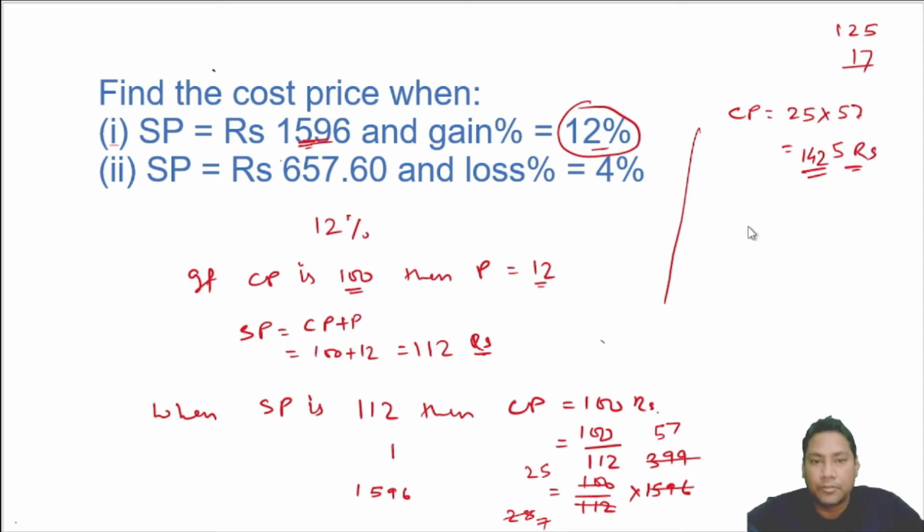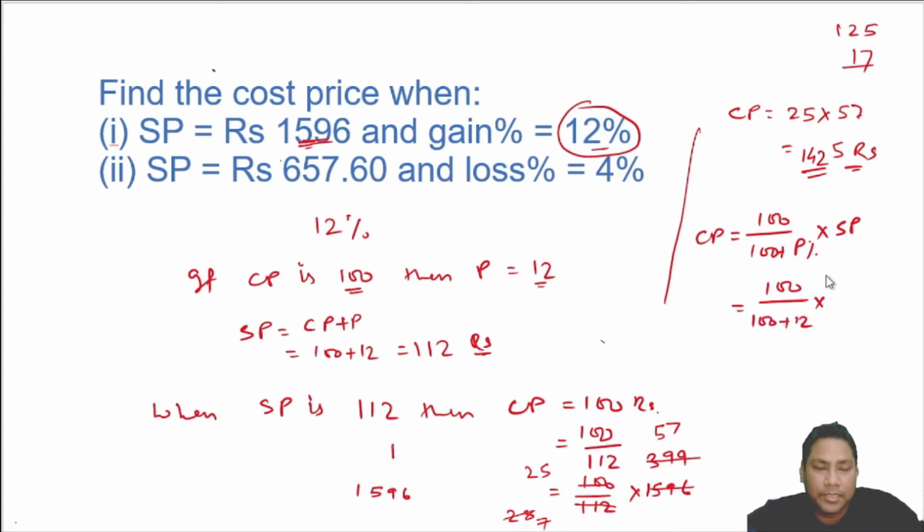So we'll now look into the another approach to solve this problem by formula basis. The formula is cost price when the selling price is given: 100 divided by 100 plus profit or gain percentage, multiplied by selling price. This becomes 100 divided by 100 plus 12, the profit percentage given, multiplied by selling price 1596.